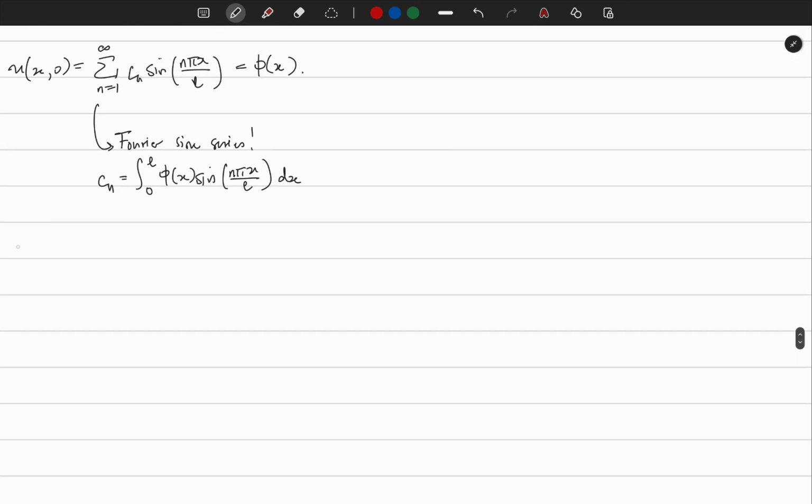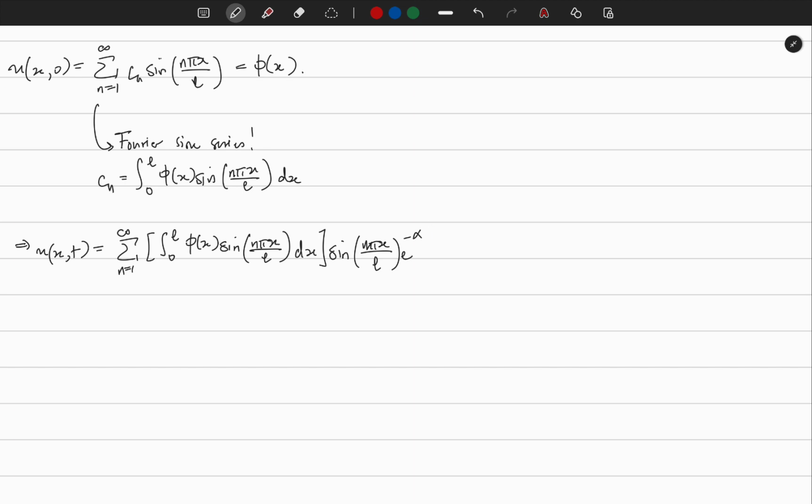And so, if we put it all together, our final solution of this initial boundary value problem, u of x,t, is equal to the sum from n equals 1 to infinity of the integral from 0 to L of phi of x times sine of n pi x over L dx, close brackets, times sine of n pi x over L times e to the minus alpha (n pi over L) squared t.